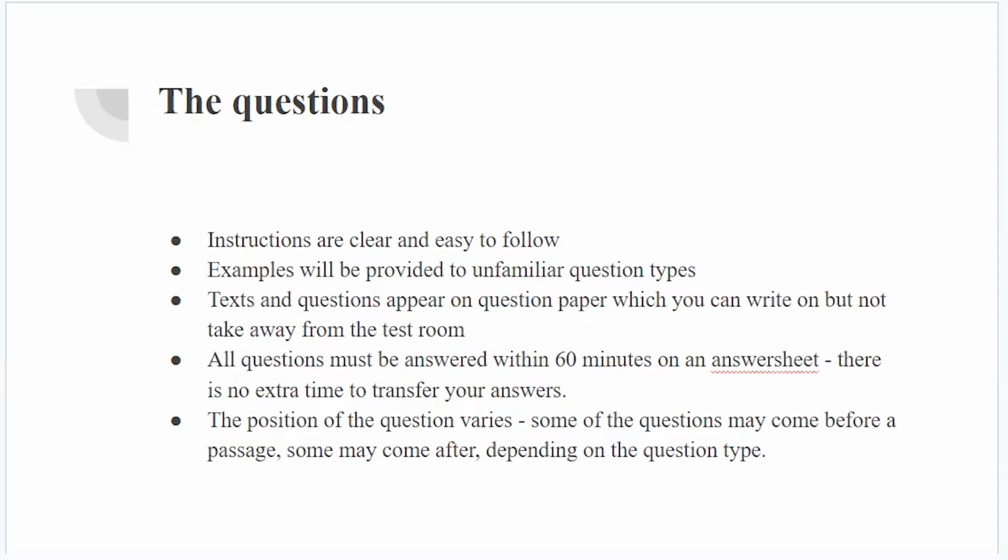Just go through the entire question paper clearly and get to know what the question is about, whether it is about the first paragraph or about the second paragraph. Get a clear idea of what it actually is, and then try to answer the questions.